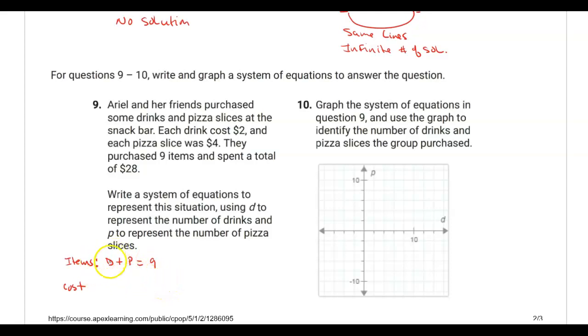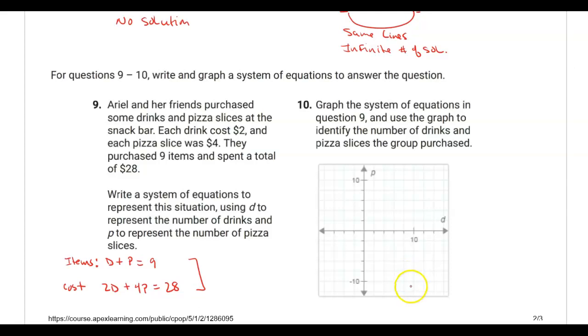Now, how much is each drink? It's $2. So 2 times the number of drinks, right? Plus, how much is each pizza slice? $4. So 4 times P. When you take the cost of the drinks and the cost of the pizza, what does that have to add up to? It has to add up to $28. This would be your system of equations for that scenario.